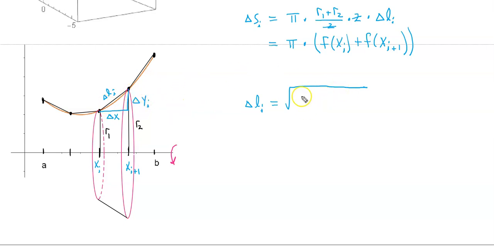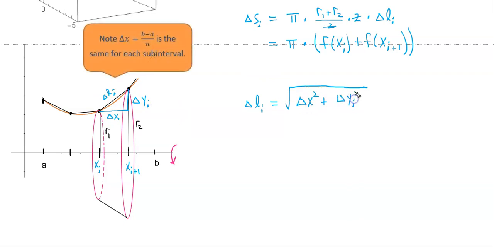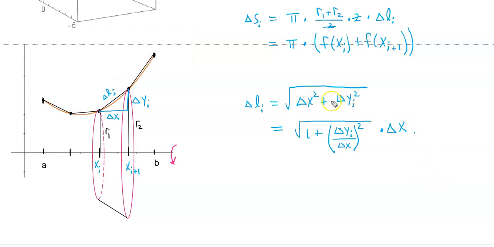And so the delta L is going to be, of course that's just the Pythagorean theorem, factoring out a delta x squared like we did previously with the arc length derivation, we get something like this. So that's where we just factored out a delta x squared term from here and from here. And then we moved it outside the square root, so it just becomes a delta x.